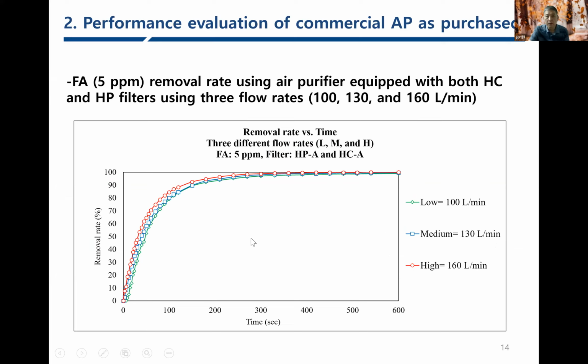And also, we tested this performance using different flow rates. At the highest flow rate, with the closed chamber system, the removal takes place much more quickly than at the lower flow rate, although the difference is not too significant between 100 and 130 liter.